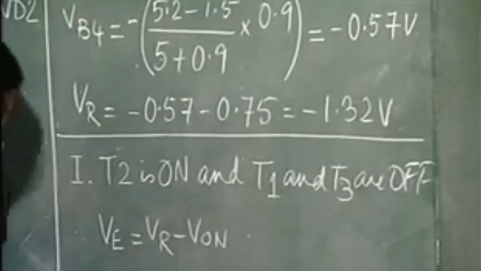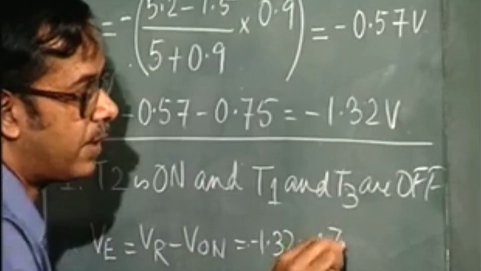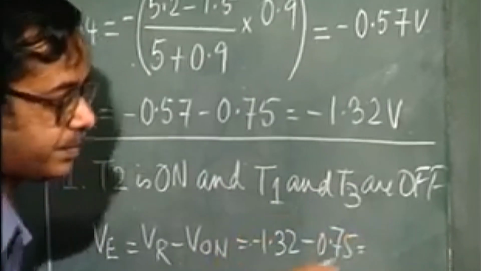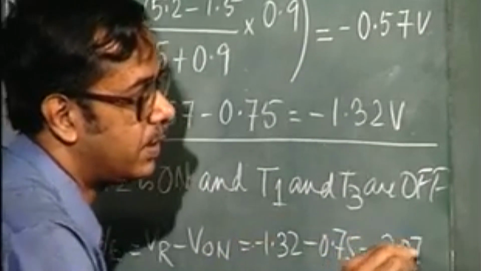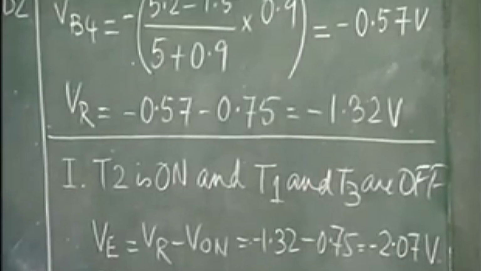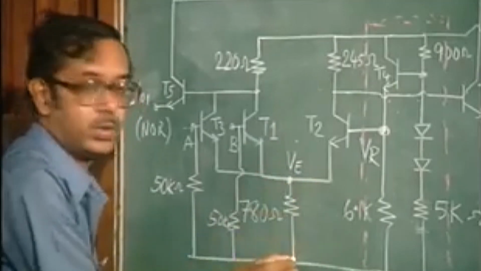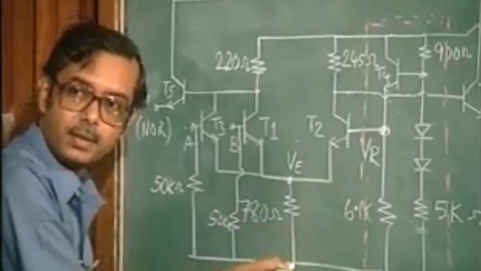So that gives us minus 1.32 minus 0.75 is equal to minus 2.07 volts, okay. IE, that is the total emitter current, is the difference between these two voltages divided by R, okay.